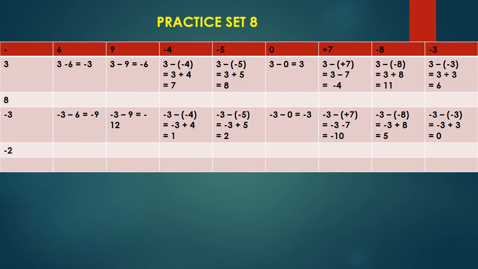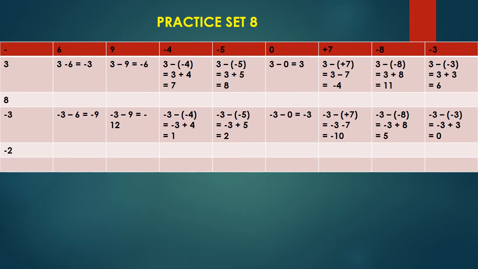Now students, the next example, number 8, is given for you to do on your own. Okay, next example, minus 3. So minus 3 minus 6. Okay, so minus minus becomes the plus. So 6 plus 3 is equal to 9, and the larger integer's sign will be given. Minus 3 minus 9.